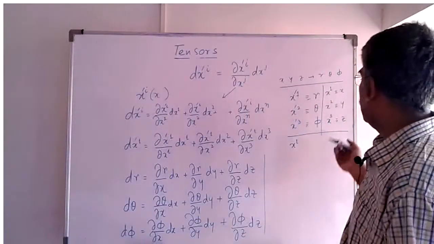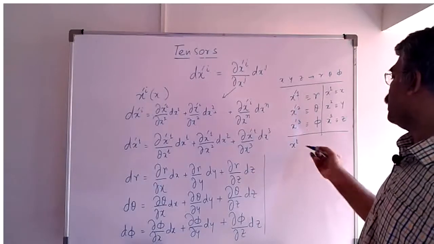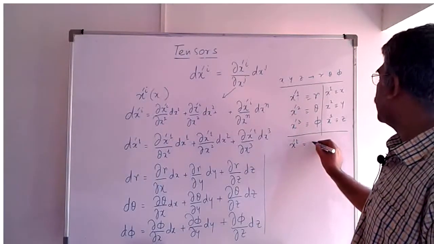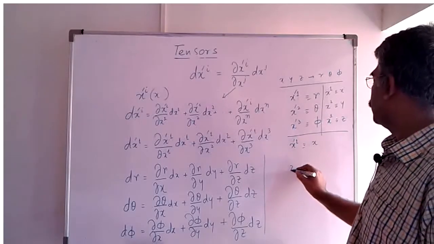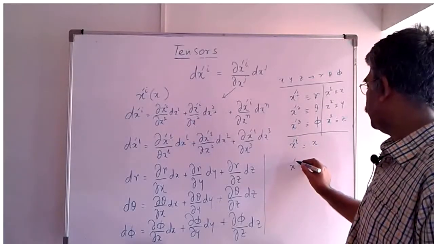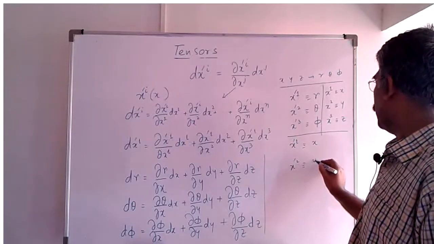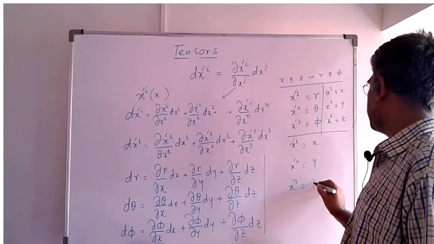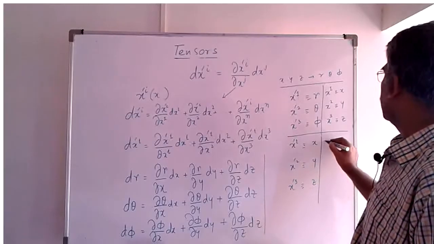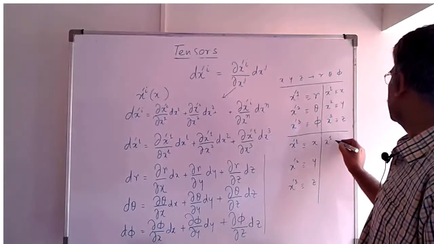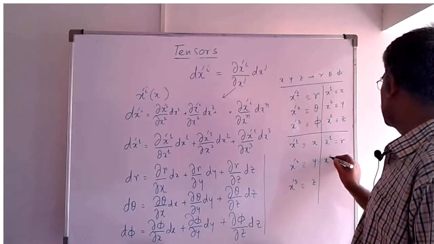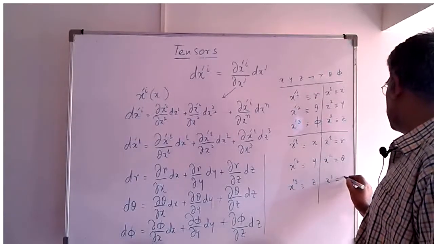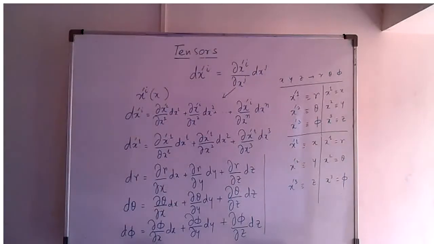You can choose the prime as x, y, z, so this is x prime 1, this is y, this is x prime 3, this is z, and the unprimed as r, theta, phi.